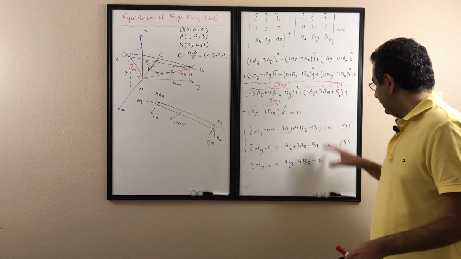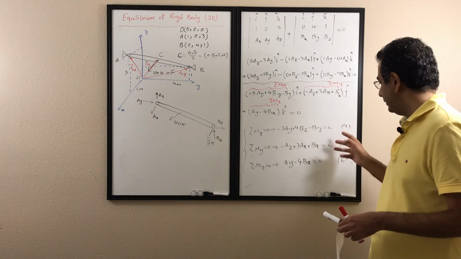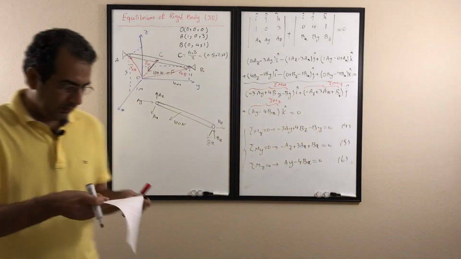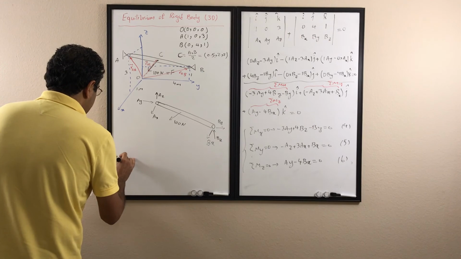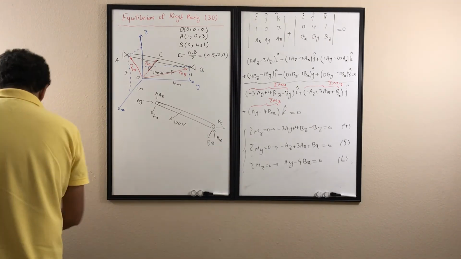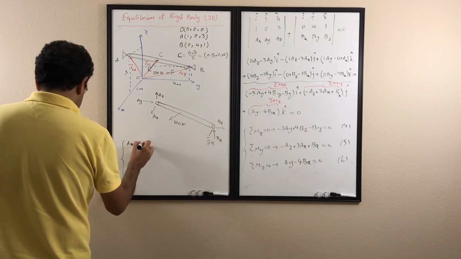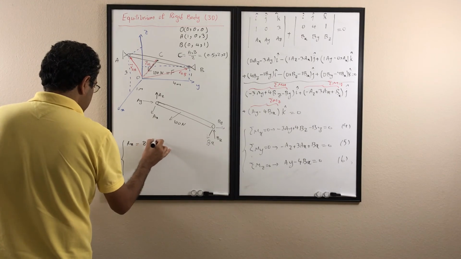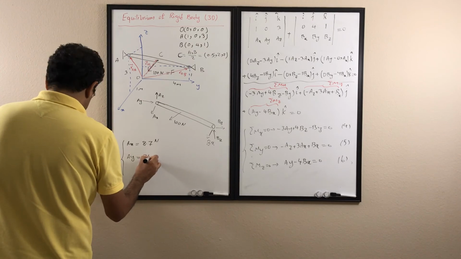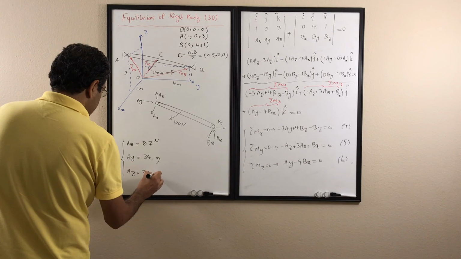So eventually, if we add these 6 equations, 3 from the forces and 3 from the moments, we get the values: Ax is 8.7 Newton, Ay is 34.9, and Az is 34.9.